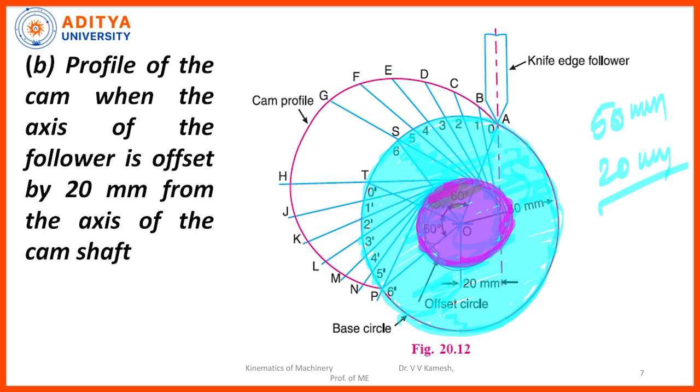Now from this offset circle I need to draw a vertical line. This vertical line is cutting the base circle at one point, called A. Just like a very easy thing, from the offset circle you draw a tangent that will cut your base circle at point A. Now this A will be the trace point, so from this the journey of the cam profile will start.